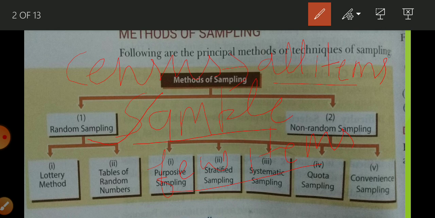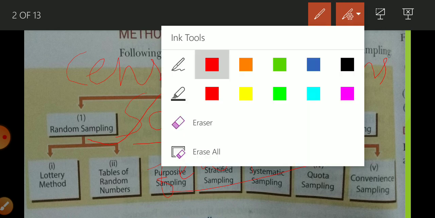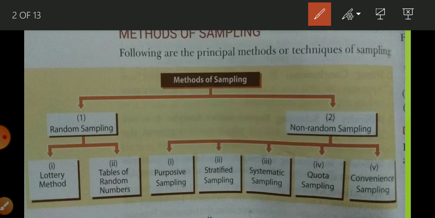After that, we had discussed about the methods of selecting sample, means how few people are selected as a sample. So in that, there are broadly two methods. First is random sampling and second is non-random sampling. And what is random sampling?